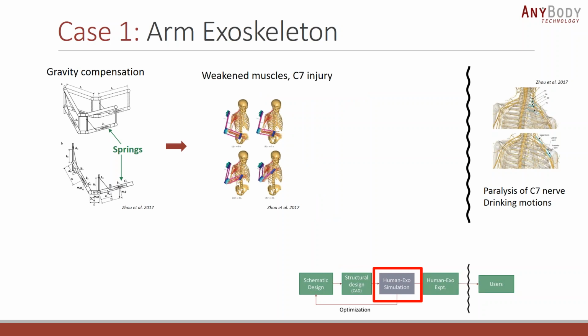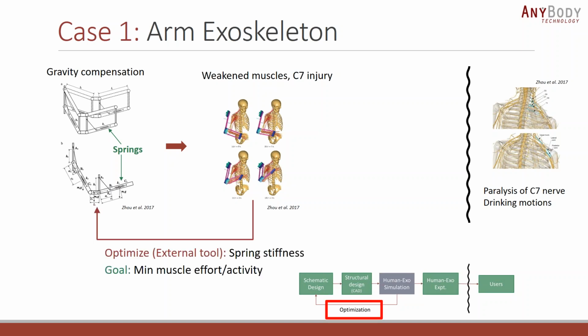Now, in this human body model, the muscles were weakened so as to emulate the injury patterns that you see in patients with this C7 nerve paralysis. And the kinematics of the man-machine simulation was set to be the drinking motion. This was followed by inverse dynamics, where they calculated the muscle forces and so on.